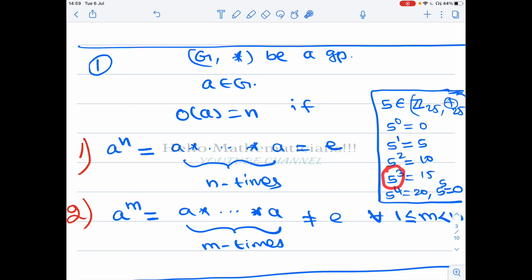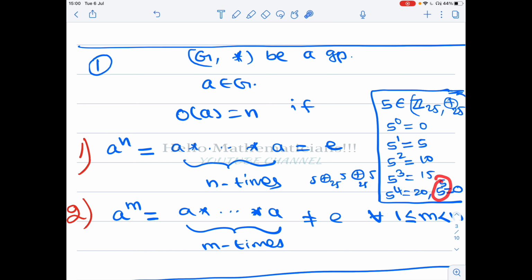Now 5 cube means that in this operation you have to add 5 with 5 with 5. Let me write it: 5 cube means 5 addition modulo 25, 5 addition modulo 25, 5. This is what symbolically we write as 5 cube. So 5 cube is 15 in this operation. 5 power 4 is similarly 20.